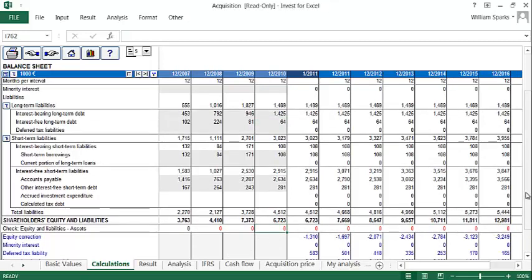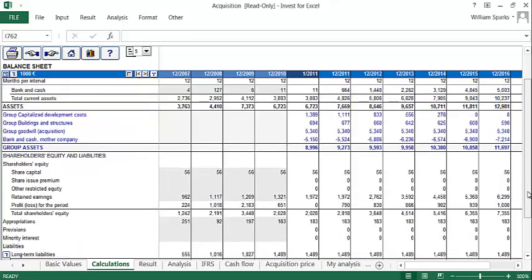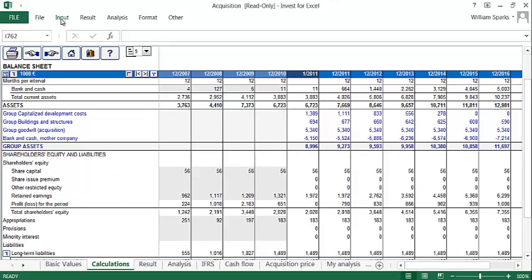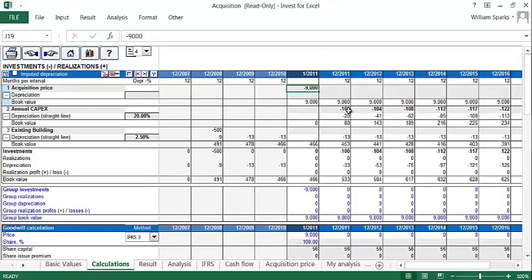Yeah, and now we have entered the historical balance sheet, so now we can start making the forecast, and we can start from the investment table, because it's the top sheet, so we start there. First of all, in this valuation model, the first row is reserved for the acquisition cost of shares.